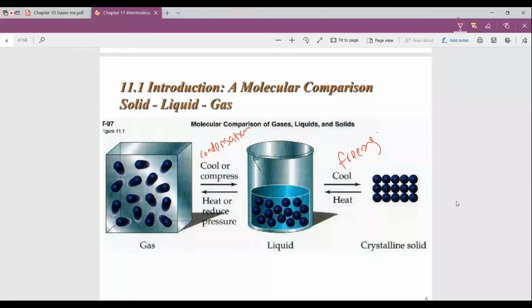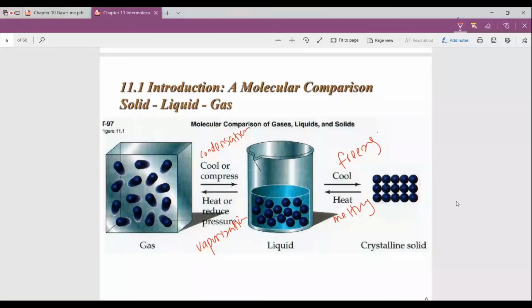Then from solid to liquid is heating or melting, while from liquid to gas, we call it the vaporization process. So this is a basic concept that we learned during chapter 1.